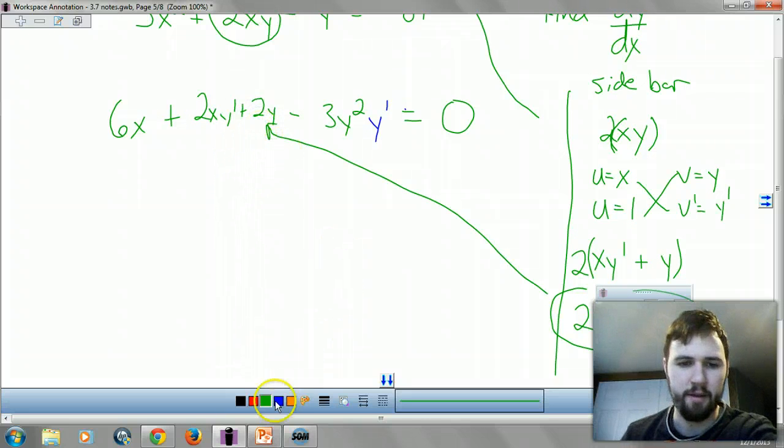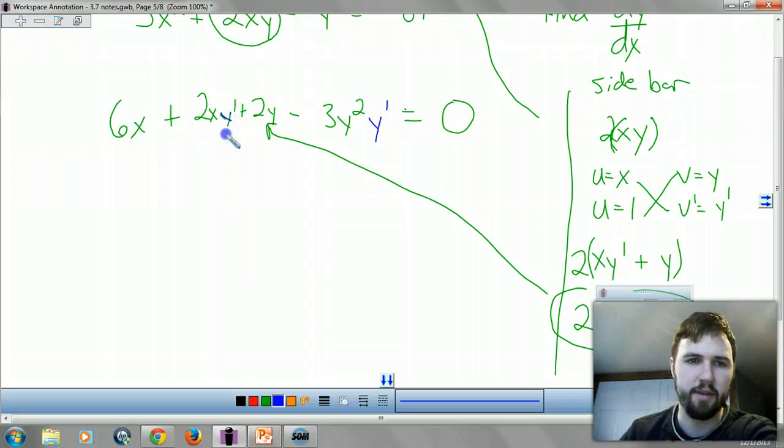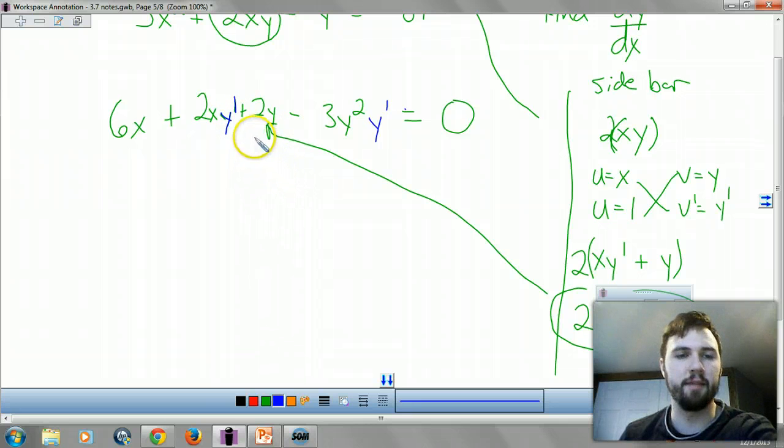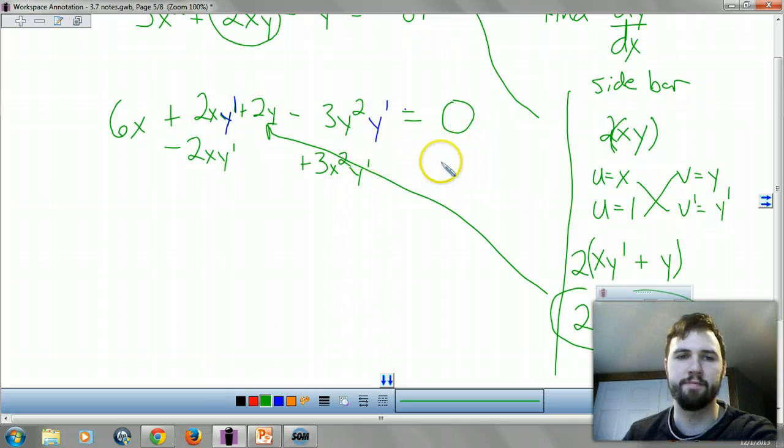I'm going to make this into blue just because that's what we've been using for it. Now our next step is to get all the y primes on one side. So I'm going to subtract a 2xy prime. I'm going to add a 3x squared y prime to both sides.